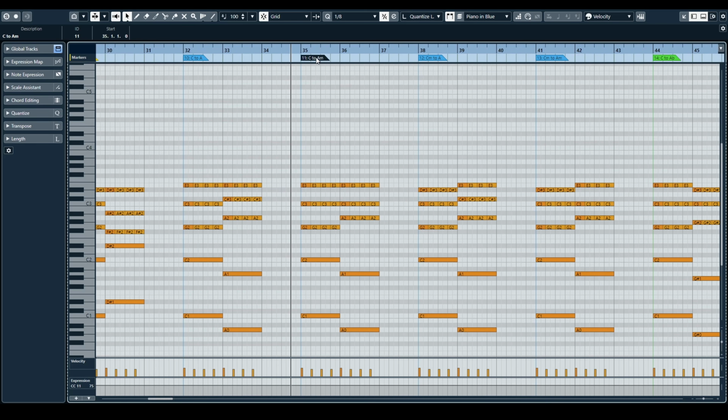C major to A minor. All heard that before in every pop song ever. And then C minor to A major. And C minor to A minor.